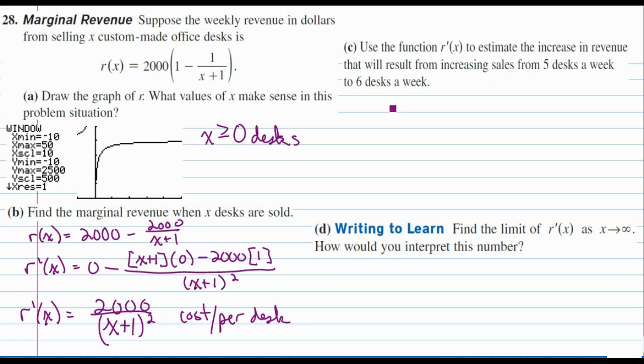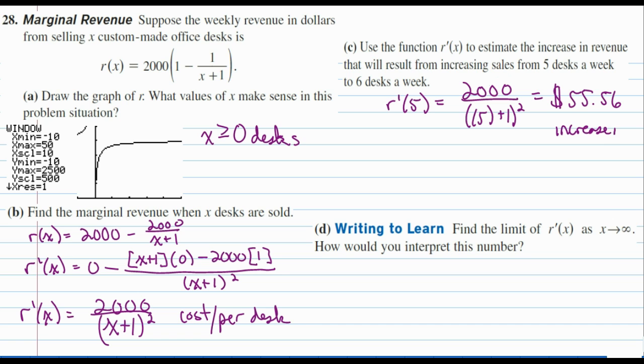So I want to estimate R prime of 5, and that would be 2,000 over (5+1) squared. So I get $55.56. So this is an estimate of the increase in revenue. Now the total revenue would be if I plugged in R of 5 and then added this on. This is the increase in revenue from 5 to 6 desks.